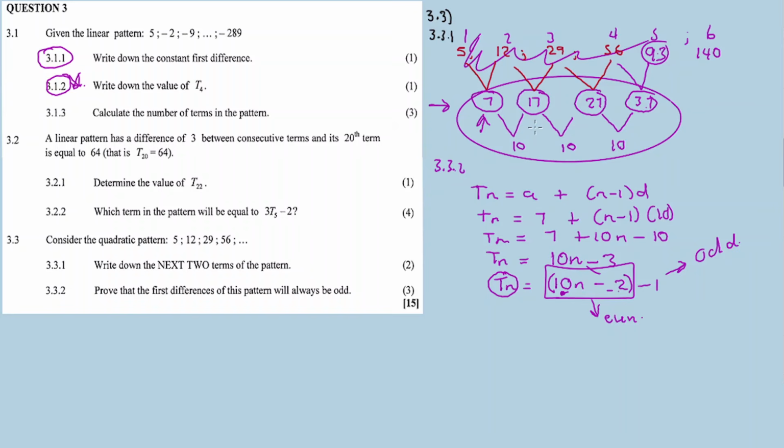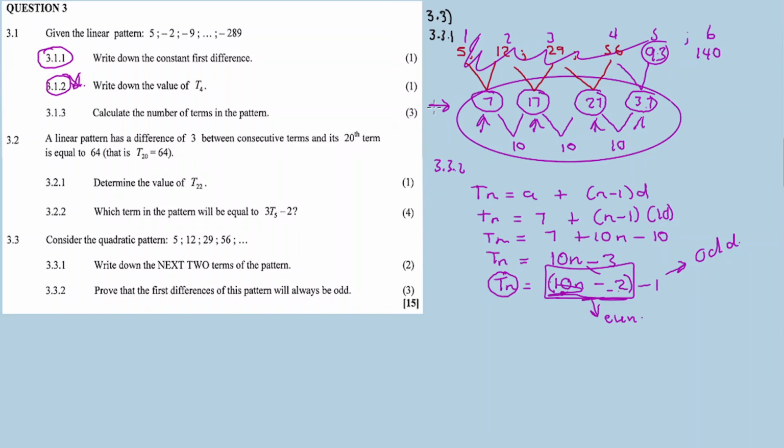T 17, 27, it's obvious really, they are odd numbers. But anyway, I think this calculation is enough. Maybe I can explain again: this is even, and then taking away 1 from the even number, you are left with an odd number.